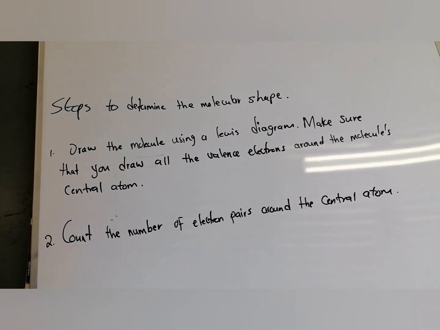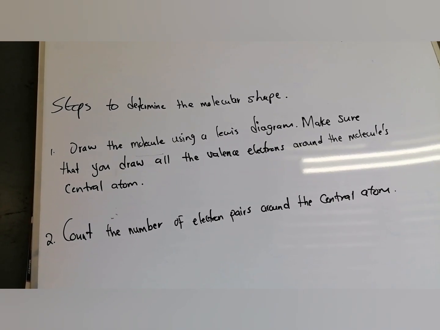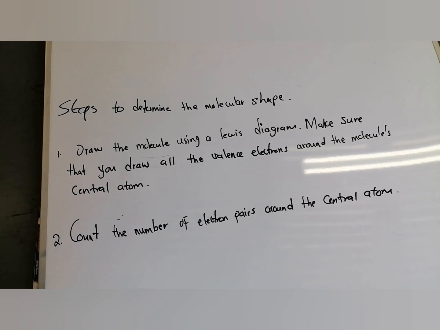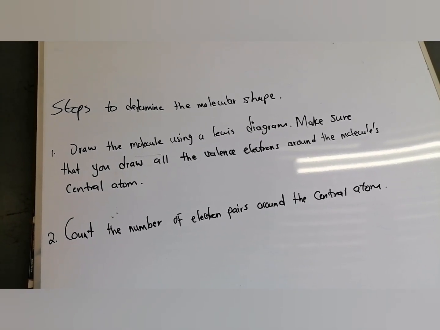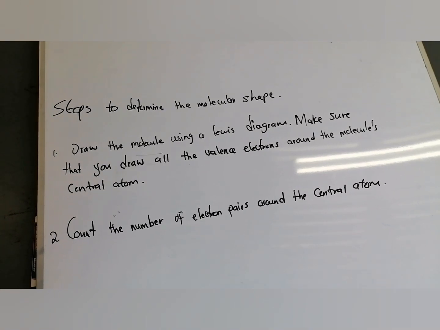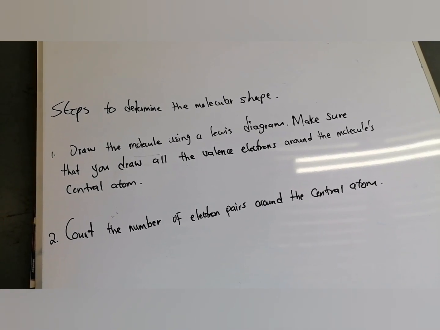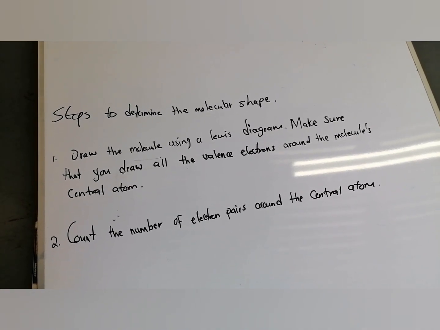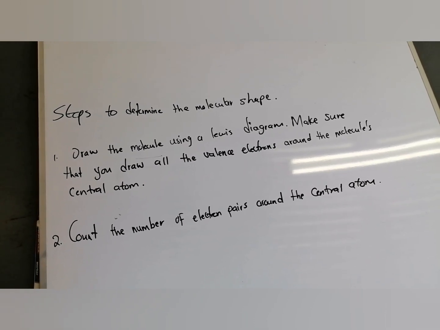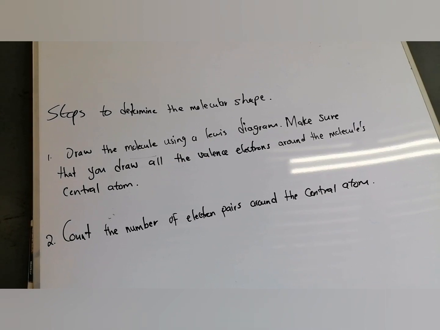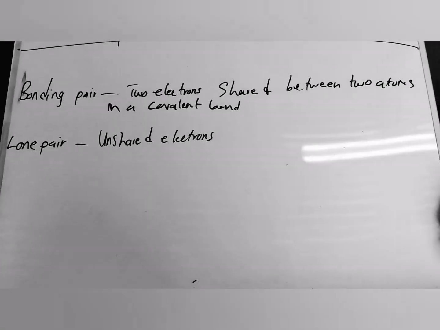The second rule, you count the number of electron pairs around the central atom. So when we determine the molecular shape, we focus on the central atom after we've drawn or represented our molecule using the Lewis diagram. So that's very important. You will never know how to determine them if you do not know these steps.